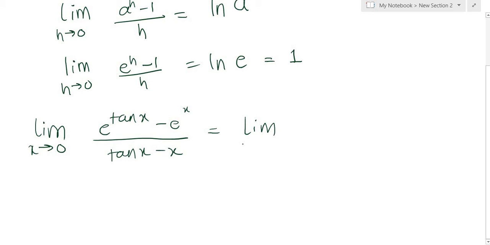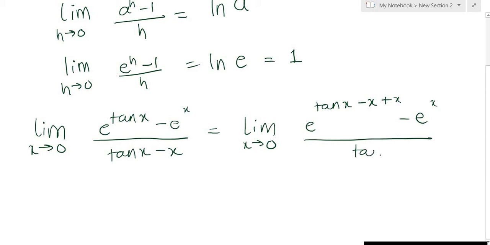So I'll have to add and subtract powers on top. So I'll have e raised to (tan x minus x plus x) minus e raised to x, all over tan x minus x.